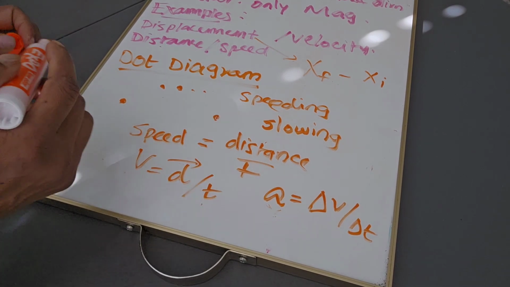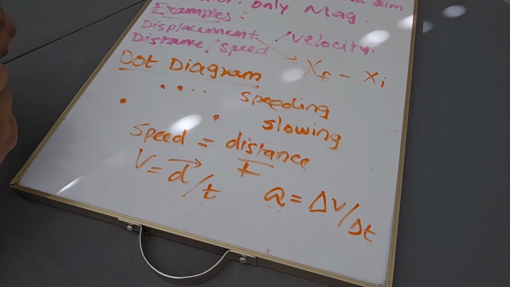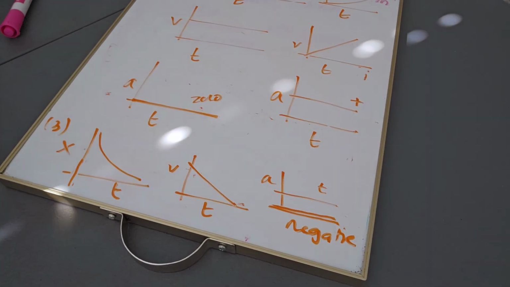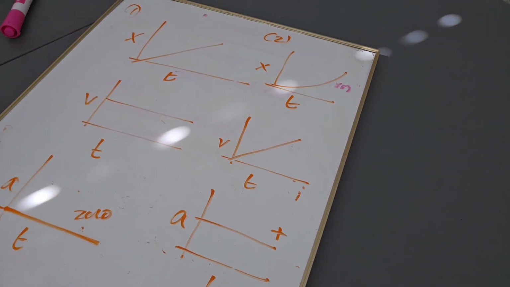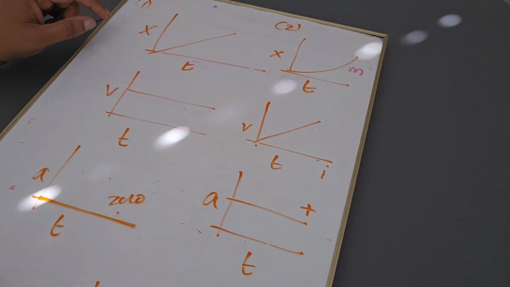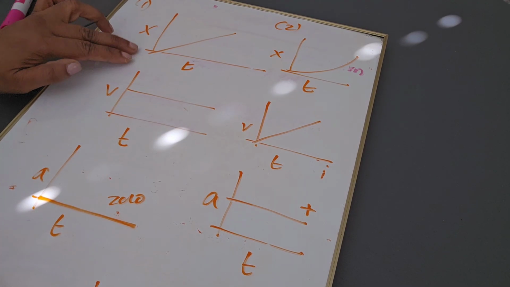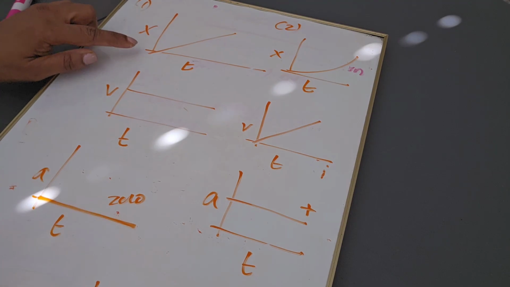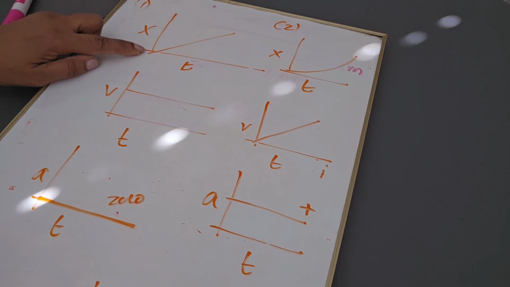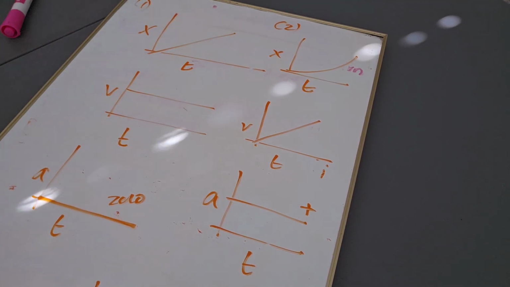We will also analyze some motion graphs from this. The next topic is the motion graph, where we will be relating how position, time, velocity and acceleration are related. If my position is changing linearly, at a constant pace, the rate at which it's changing is constant.